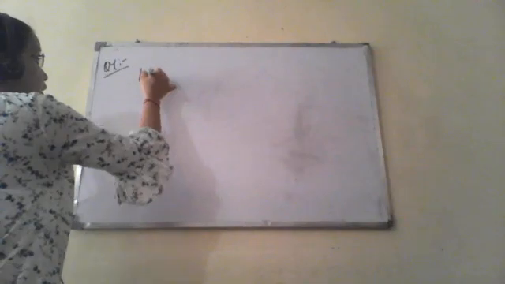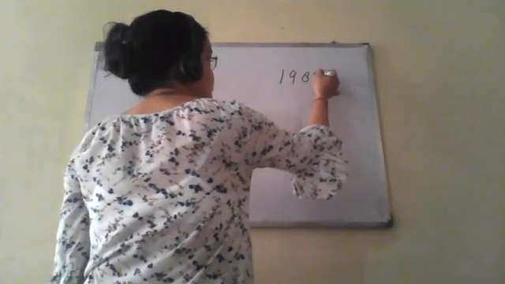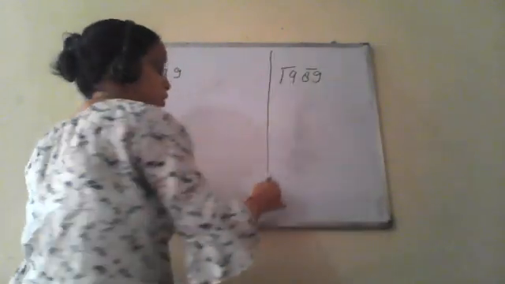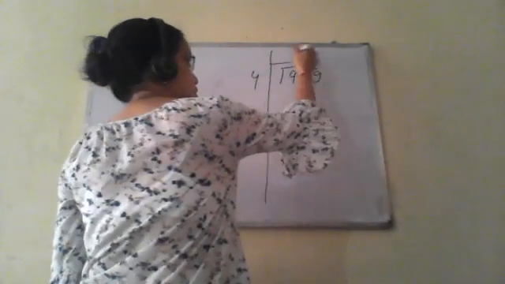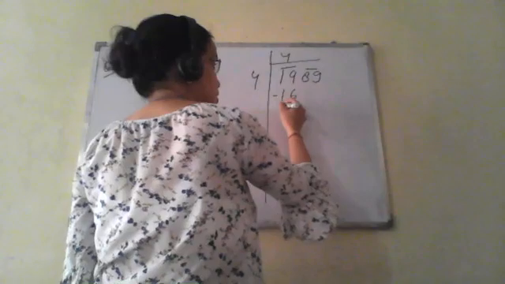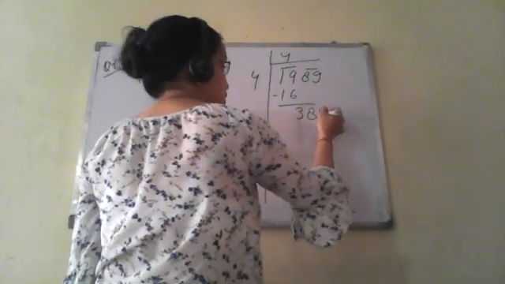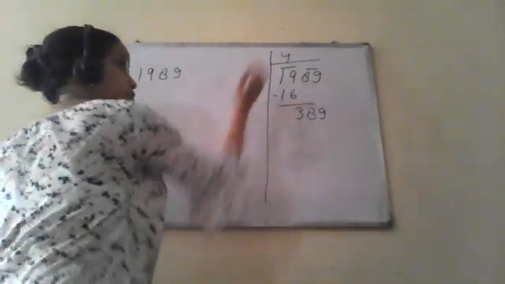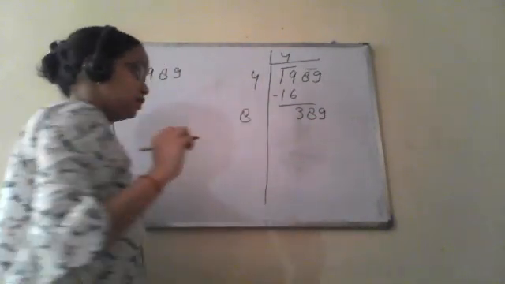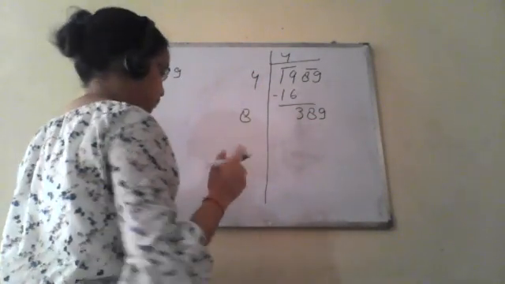Now the next part is 1989, sorry. We will write 4. Square of 4 is 16, and we get 389. Double of this 4 is 8.